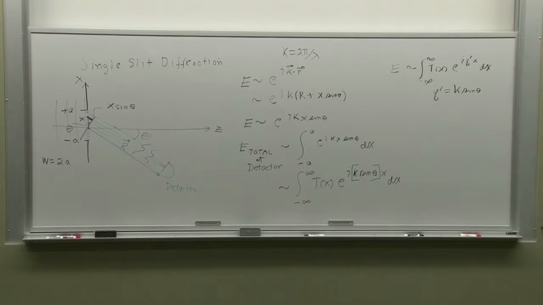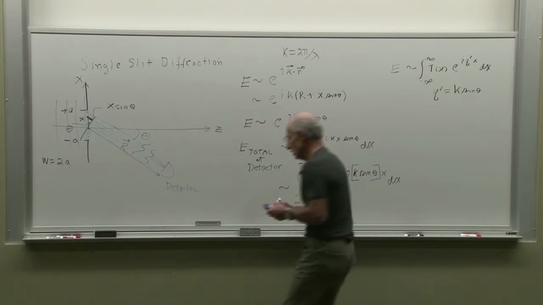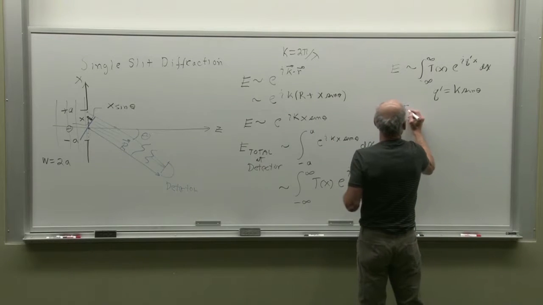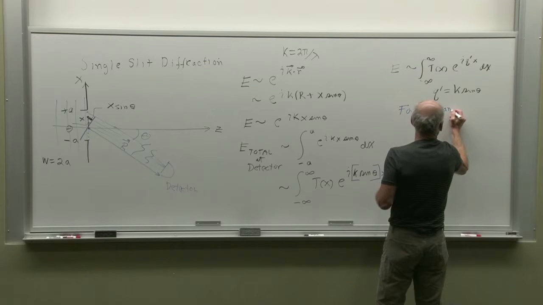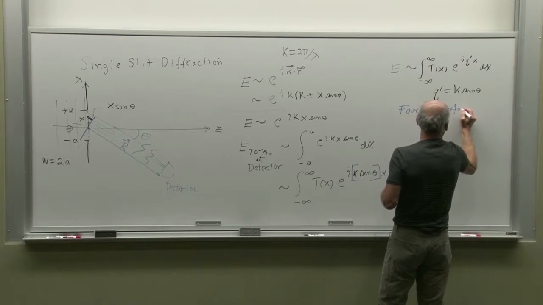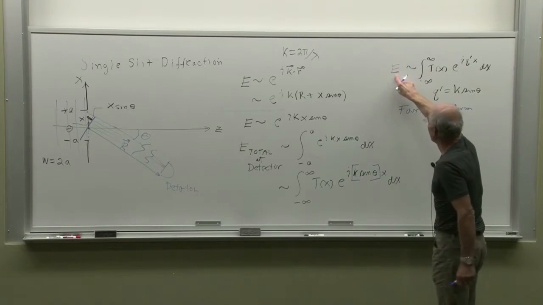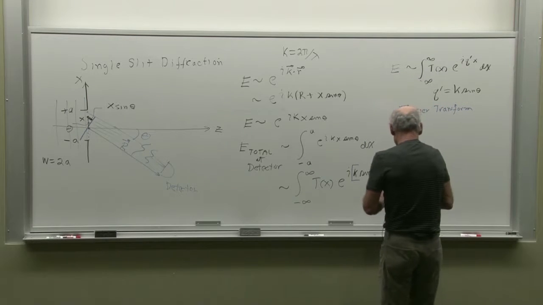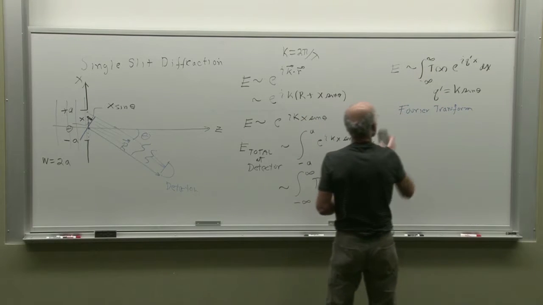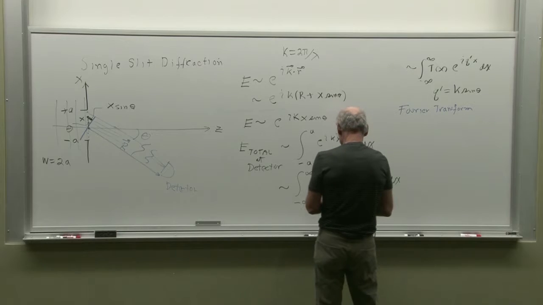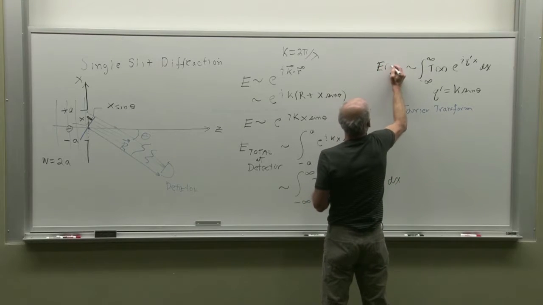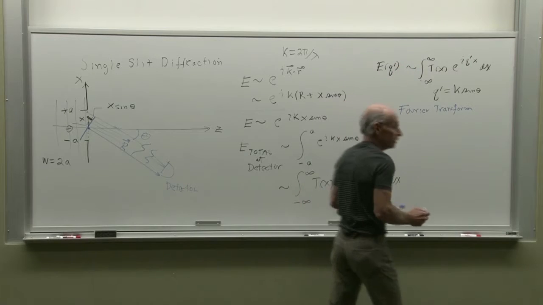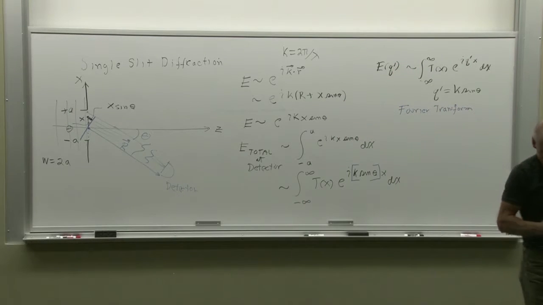And of course, that is a Fourier transform. The field, you know, I'm a bit remiss now. Let me doctor this up a little bit. Right, that helps a lot, I think.